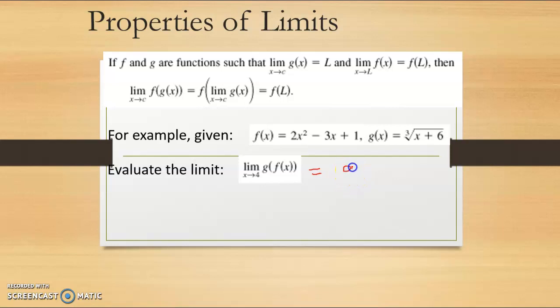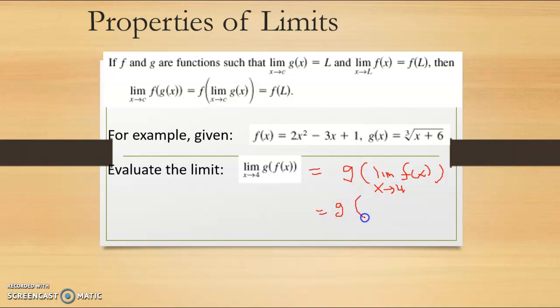So this one is g of, when you take the limit inside, the function f of x, x goes to 4. Then it's easy to get the solution for that.